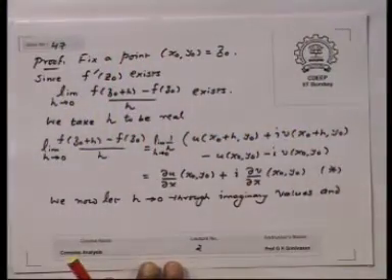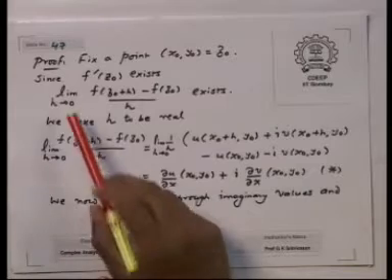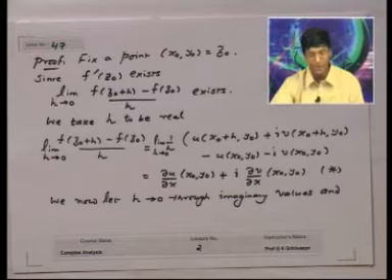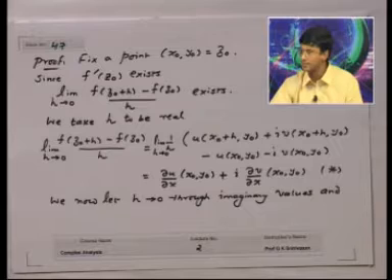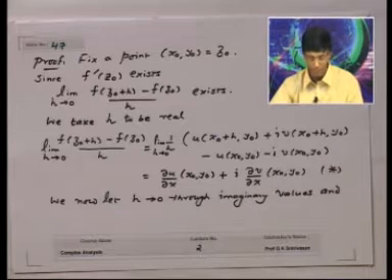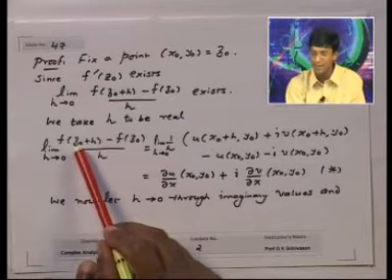Okay, so let us fix a point x naught, y naught and call it z naught. Since f prime of z naught exists, the limit as h tends to 0 of f of z naught plus h minus f of z naught upon h exists. We take h to be real, so along the real axis h goes to 0, and let us write this condition down.